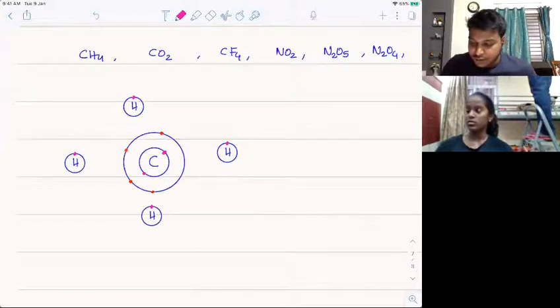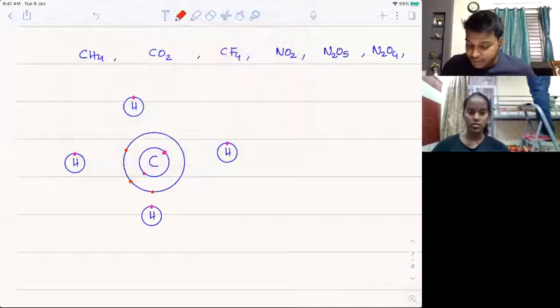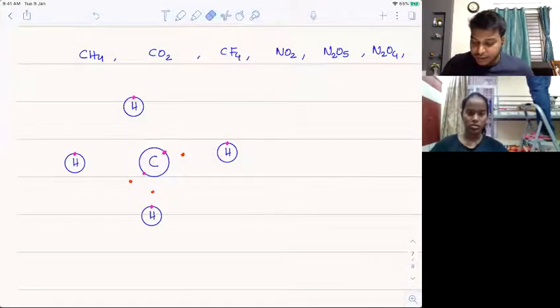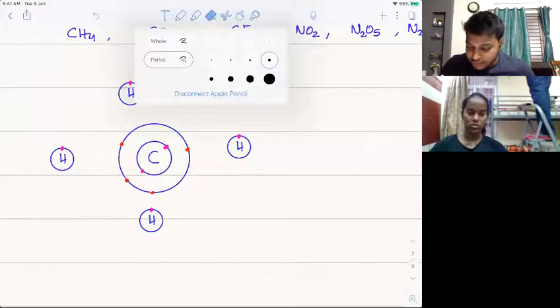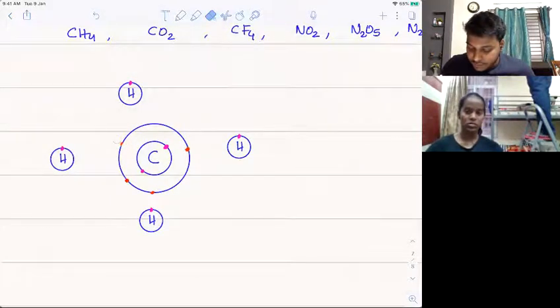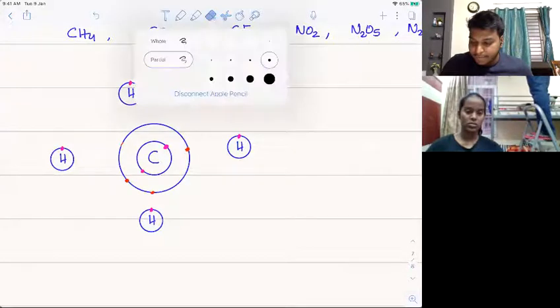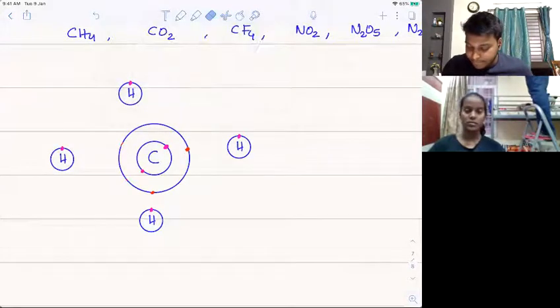So what does carbon do? Immediately, it will arrange itself in such a way that one electron will be aligned here, one electron will be aligned here.